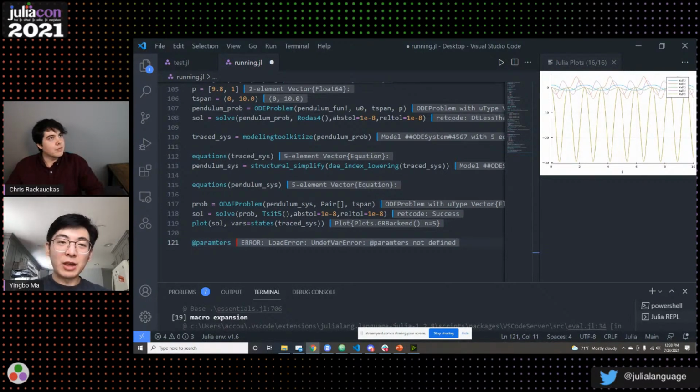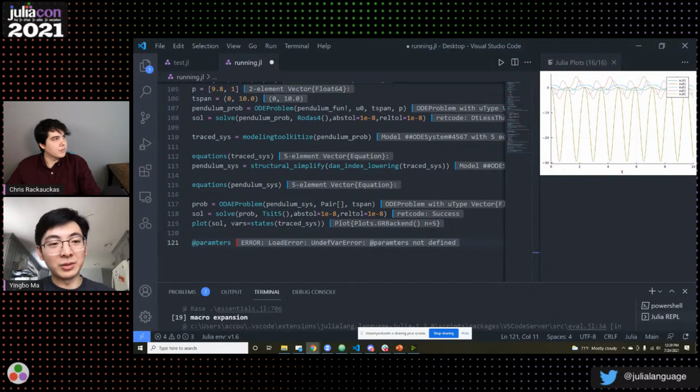For instance, in the RC circuit that I did before, without any simplification, there is actually a non-trivial null space in the Jacobian without doing structural simplify. So structural simplify can do the alias elimination, and then symbolically eliminate the non-trivial null space for you. So it wouldn't result in any singularity issues.